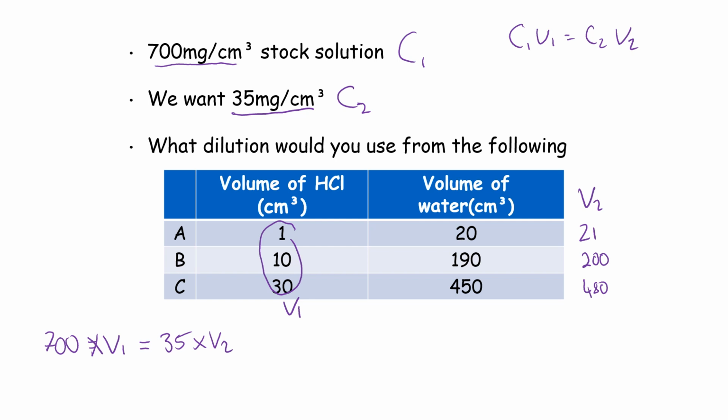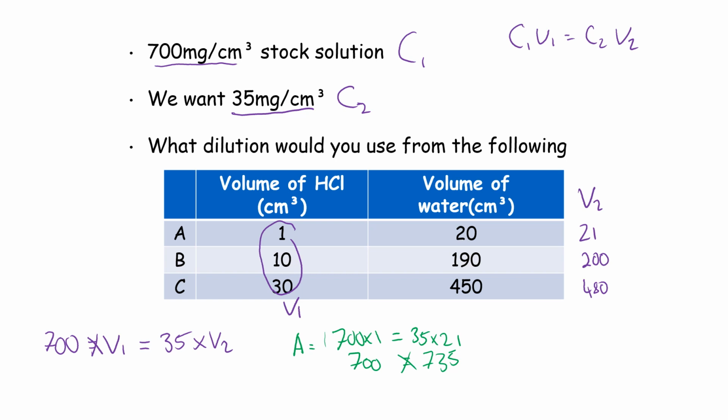So if we look at option A, we would say 700 times 1, does it equal 35 times 21? If we do that in our calculator, 35 times 21 is 735. So 700 and 735, those are not equal.